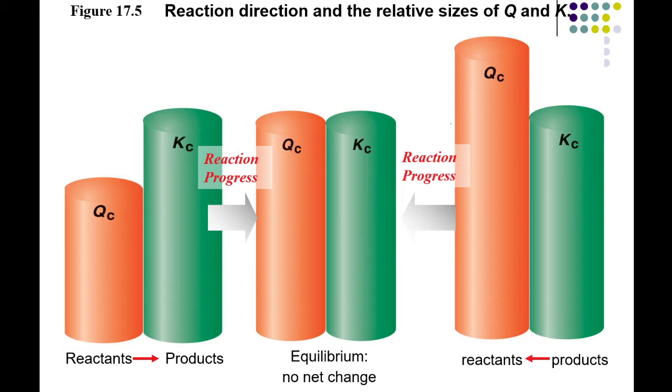If my Qc value is less than my Kc value, we're going to move from reactants to products to get to equilibrium. If Qc is equal to Kc, we are at equilibrium. And if Qc is greater than Kc, that means we have way more products than we do at equilibrium, so then we have to move from products to reactants or right to left.